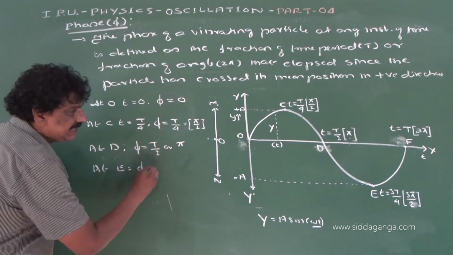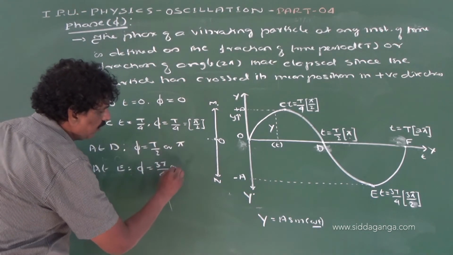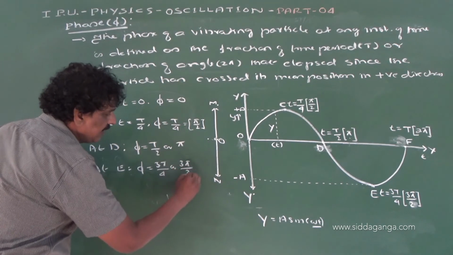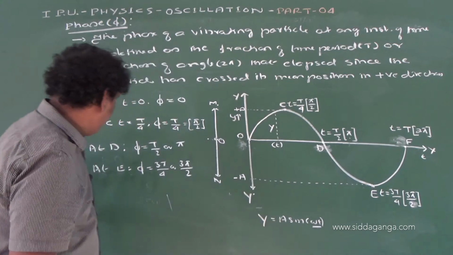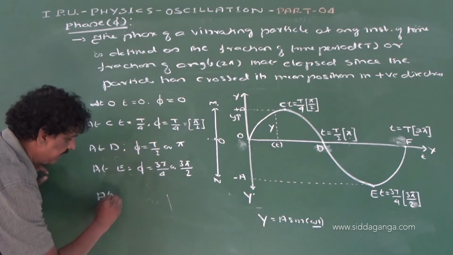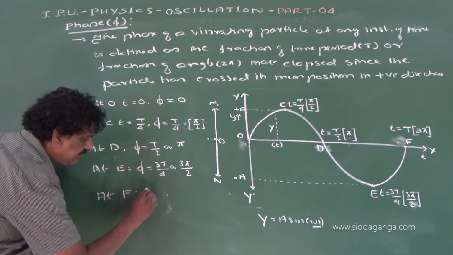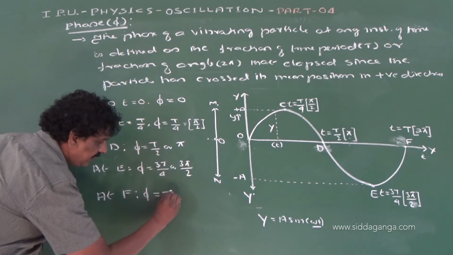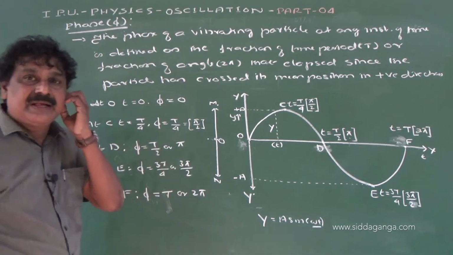Now at E, the phase is 3T by 4 or 3 pi by 2. It is the phase at this point. Now at F, the phase phi is equal to T or it is equal to 2 pi.